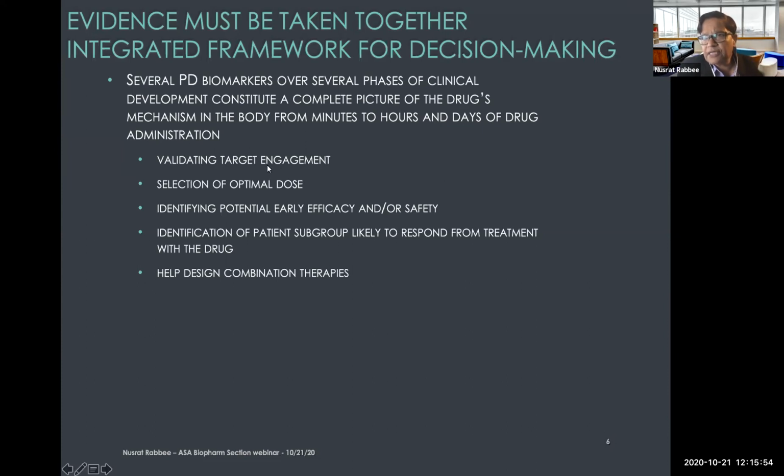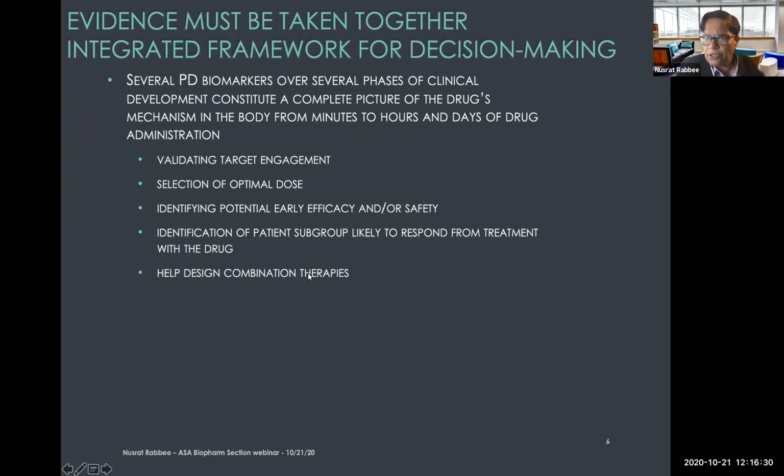For example, drug development may be concerned with validating the target engagement. We will be called in to assist in selection of the optimal dose, depending on how the target is being modulated. And we have to identify early markers for early efficacy or safety. We could be involved in identifying a patient subgroup who is responding to the drug or who is having a safety event and should be removed from the trial or monitored.